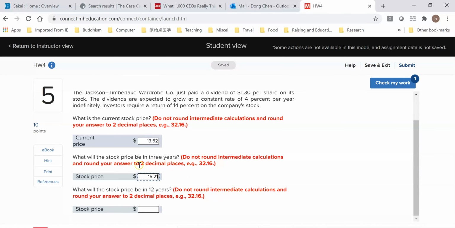Once you understand the second part of this question, you can also easily solve the third part, which is just changing the number for the time period. This is asking us to calculate the stock price in 12 years.